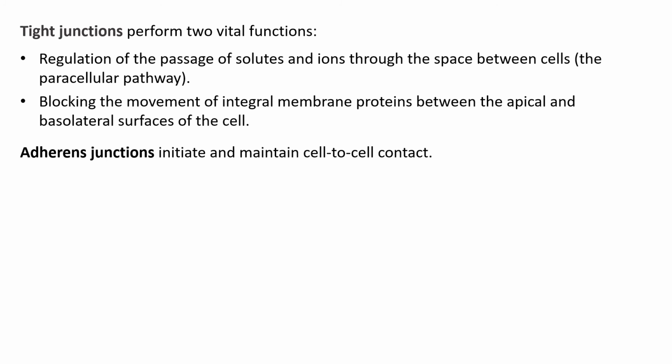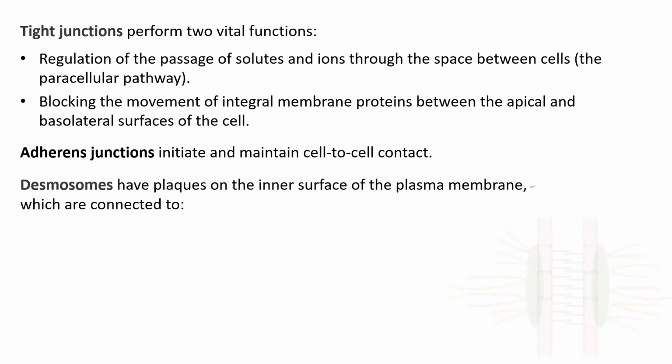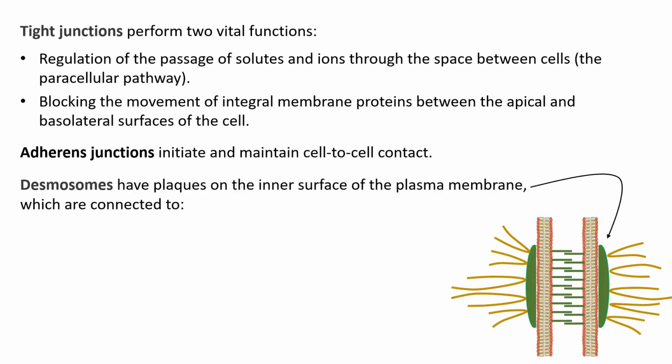Adherence junctions basically initiate the first cell-to-cell contact, and then they maintain that. So they hold cells together. Desmosomes have these plaques on the inner surface of the plasma membrane on both sides.